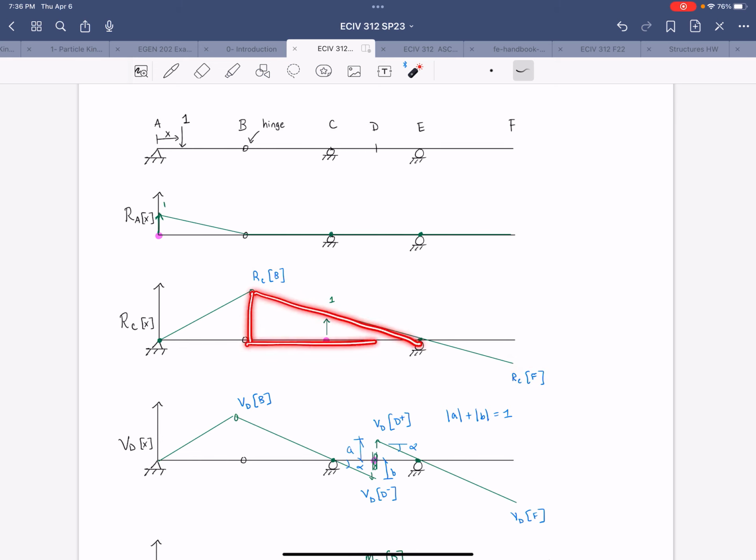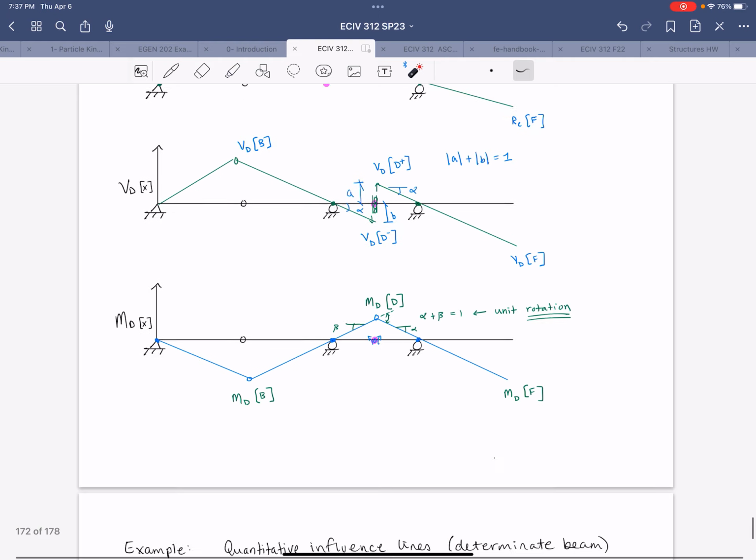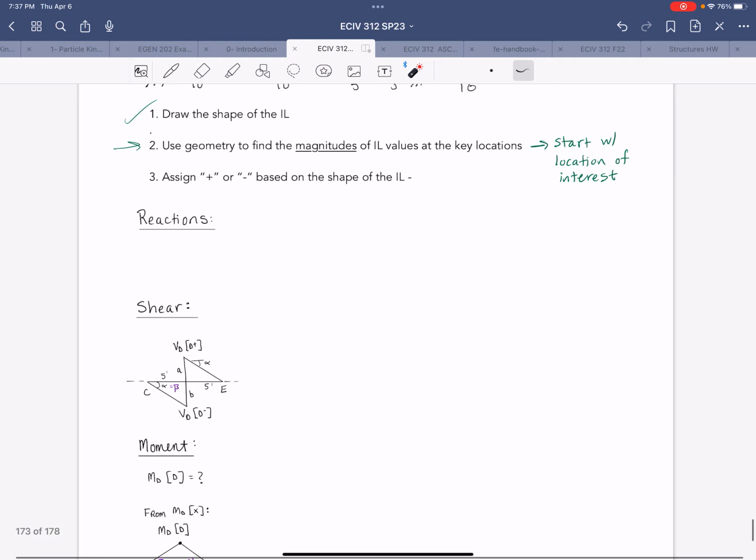We have a triangle here, and a triangle here, and a triangle here. We can figure out the slope from this point, right? Slope is the same from B to F, so we're just going to use similar triangles to calculate those values.